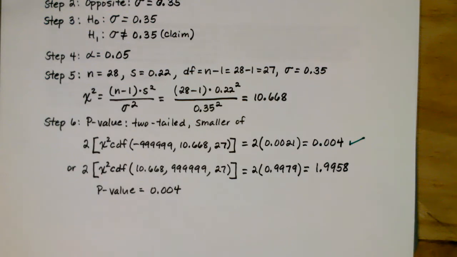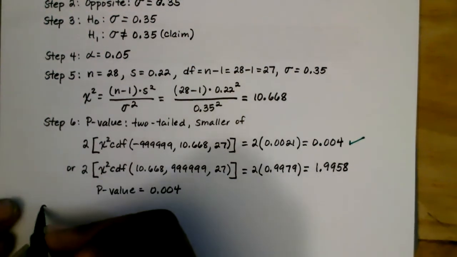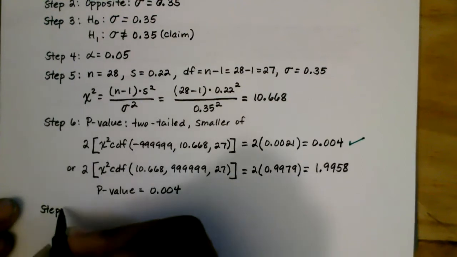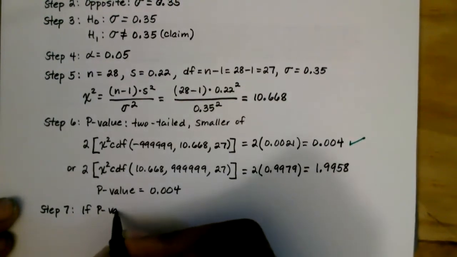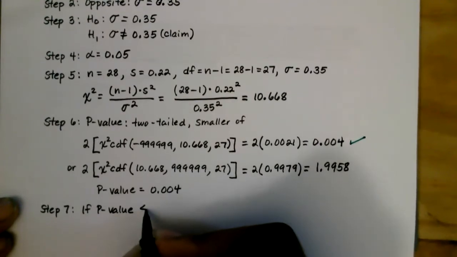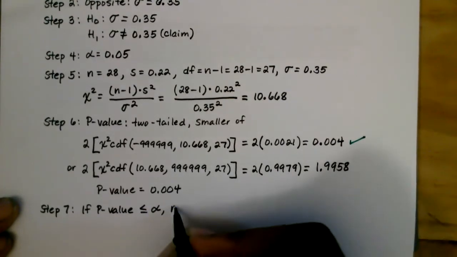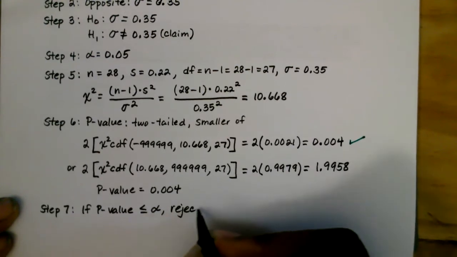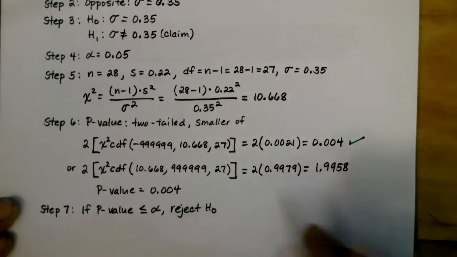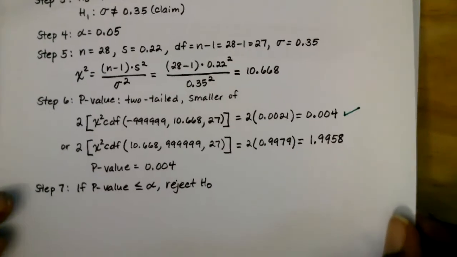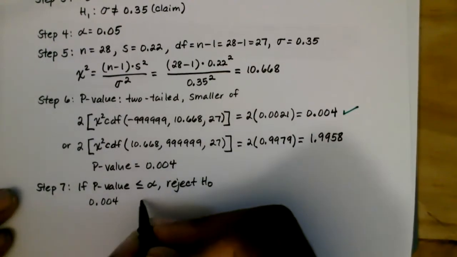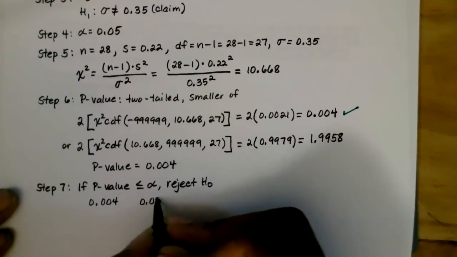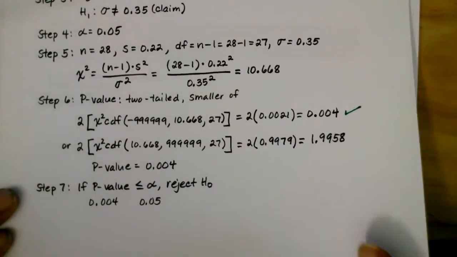Okay. And now step number 7 is the decision rule. And that is, if the p-value is less than or equal to alpha, you want to reject the null hypothesis. And here the p-value is 0.004. The alpha level is 0.05 from step number 4.